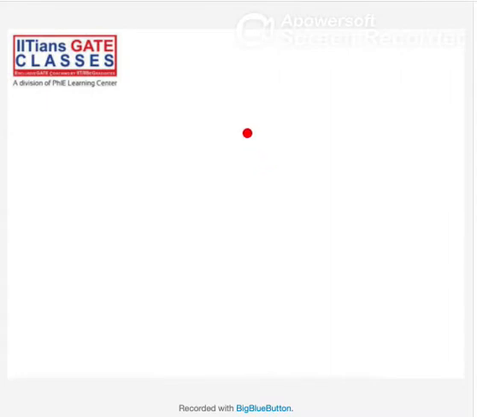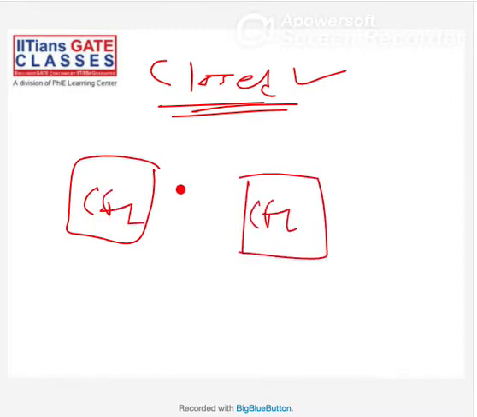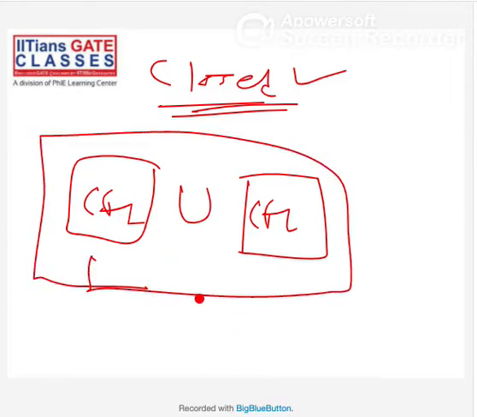Let me repeat once again what is the meaning of closure property. When I say that the set of CFLs is closed under the union operation, what I mean is: you can take any two CFLs, and the union of the two will also be a CFL. That is why we say they are closed.